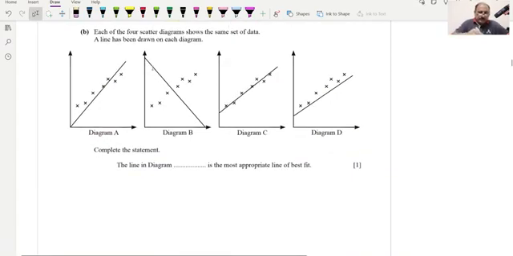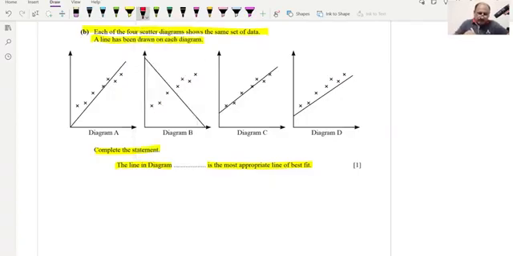Then part B: each of four scatter diagrams shows the same set of data. A line has been drawn on each diagram. Complete the statement: the line in diagram blank is the most appropriate line of best fit. So we have to decide which one is the line of best fit.